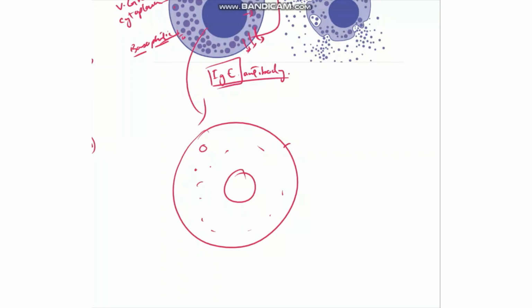And it would produce IgE antibodies on its surface, which would be complementary to the allergen that was detected earlier, so that the second time that particular allergen moves in, it is detected even quicker, and an even more rapid secretion of all of the mast cell secretions takes place.